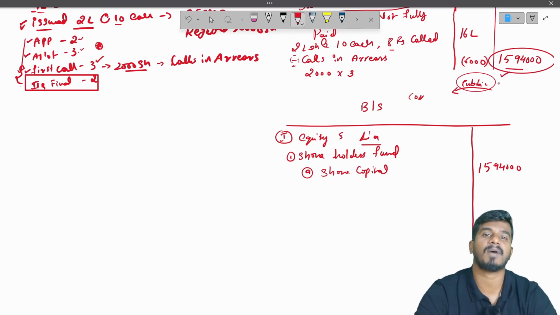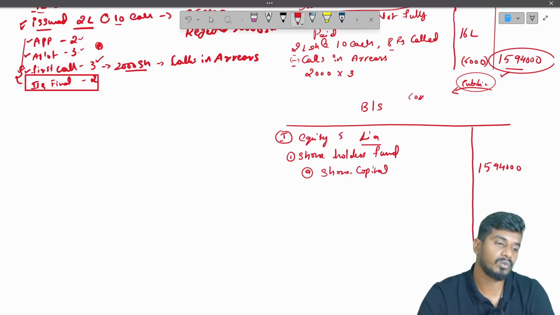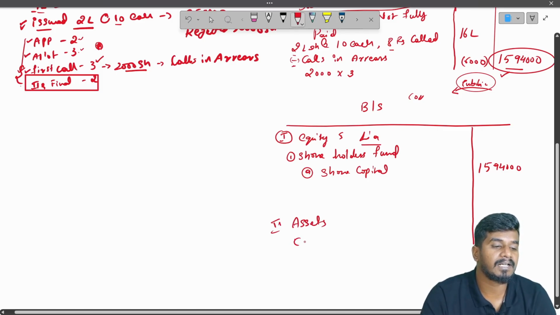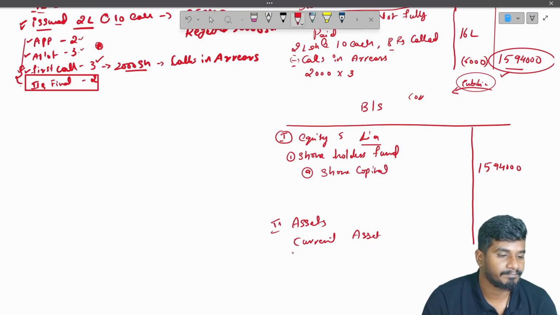In the same sense, we have received some asset, correct? We have received cash from the public into our account. So we need to show it on the asset side, in current assets. What do you mean by current asset? Which we can utilize within 1 year.